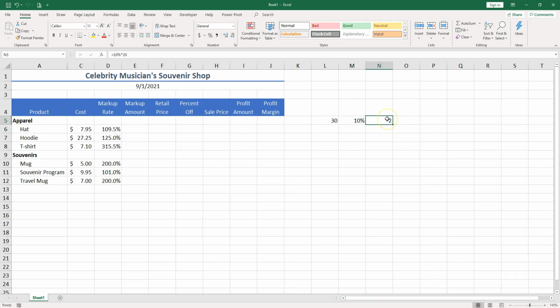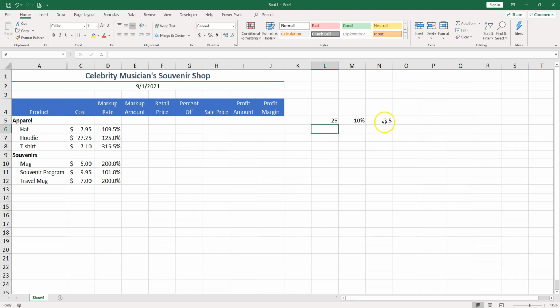So instead of typing myself the percentage, I can click the cell reference, as it's called. So I click on where I have 10%, which is M5, and instead of the actual cost or product price, whatever you want to have, you click it. Okay, so now if you change 30 to something else, it should give you 10% of that.